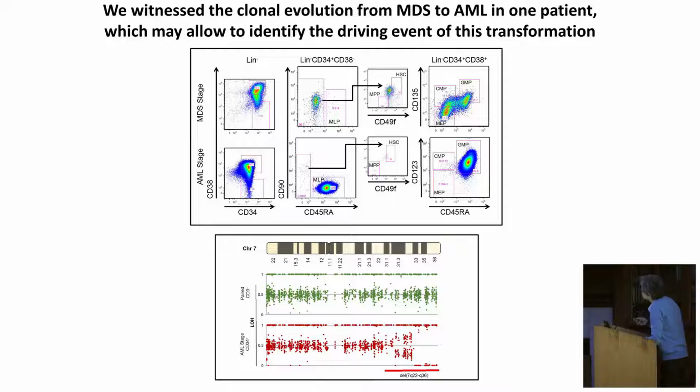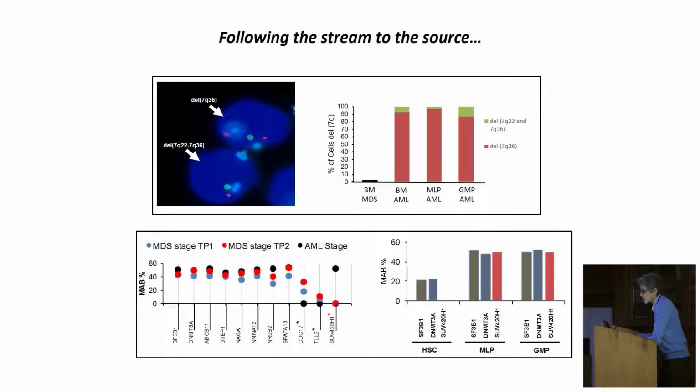On the contrary, when you take the patients at AML stage, you see clearly that something is going wrong. You essentially have almost no HSC anymore, but a very big population of MLP and GMP coming up in these patients. So clearly we also wanted to look at what is happening molecularly in this patient, why it transforms. And one thing that we thought may be at the origin of the transformation is this deletion 7q.